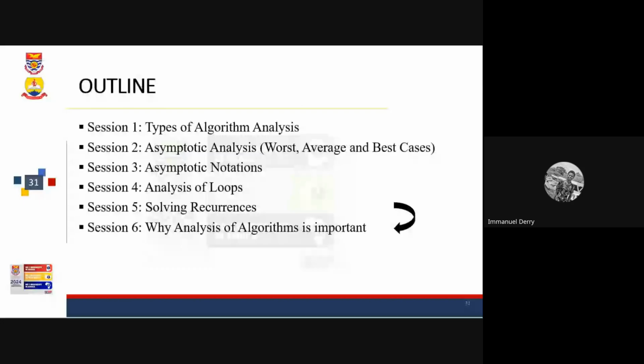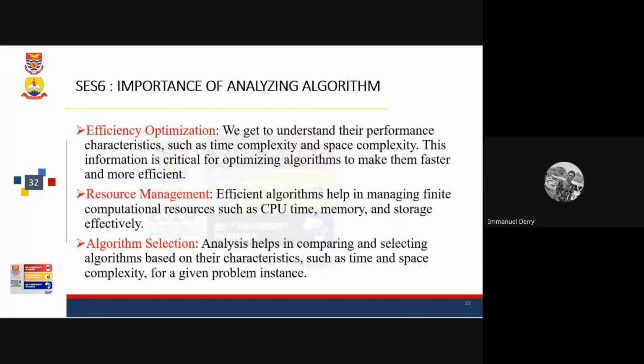But one of the most important things is for us to understand why we perform algorithm analysis. What is the significance of that? Some of these are efficiency and optimization. We want to manage the computer resources that we have, such as CPU time, memory, and storage.